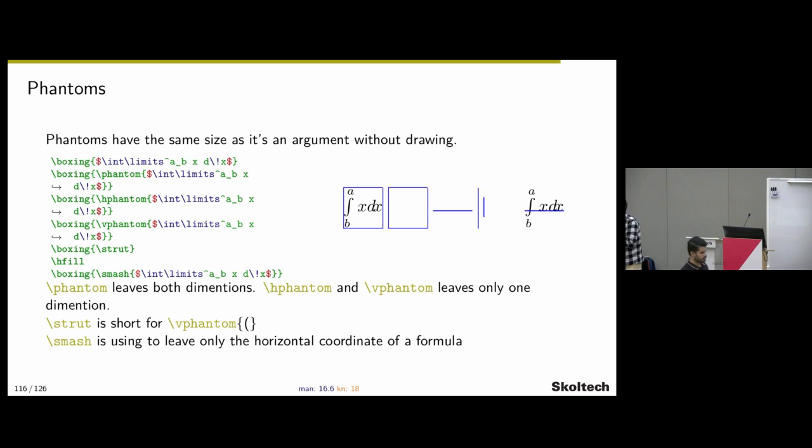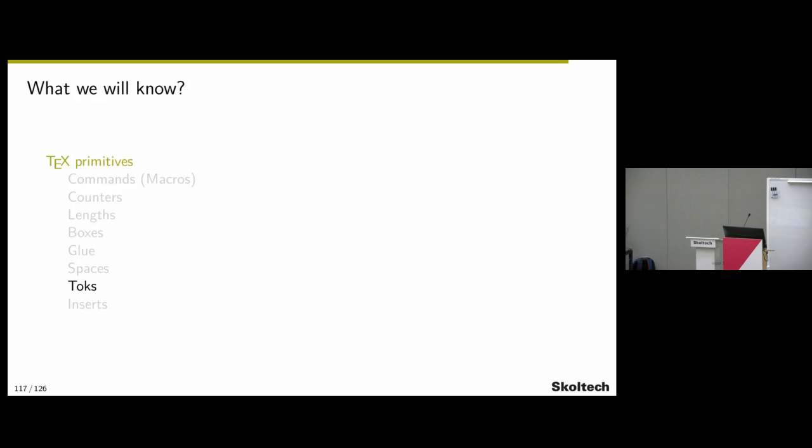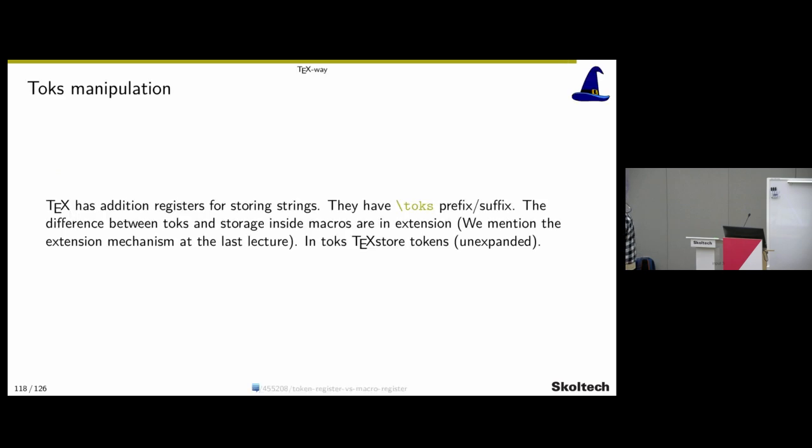A phantom has the size of its content but doesn't draw the content, so you can leave content undrawn but still know its space.